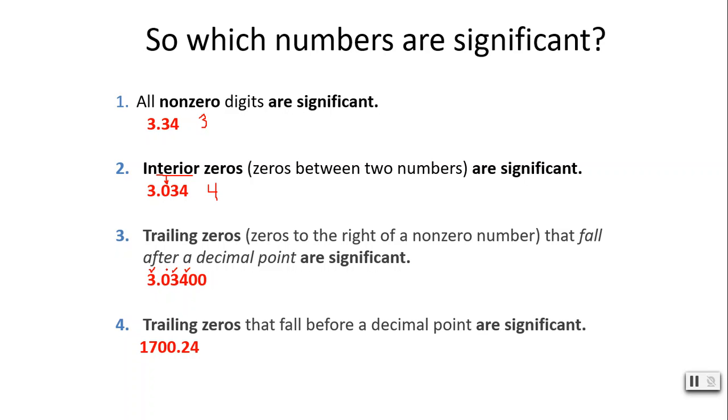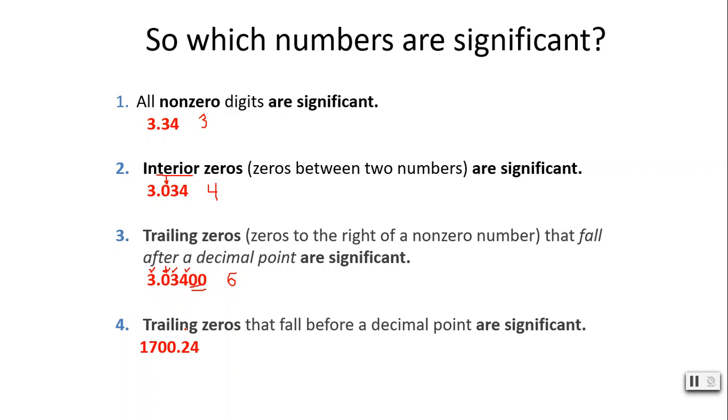This interior zero is significant due to rule number 2. And these final two zeros are trailing zeros. They are to the right of a non-zero number, specifically the 4, and they fall after the decimal point. So this number has a total of 6 significant figures. All of those digits are significant.